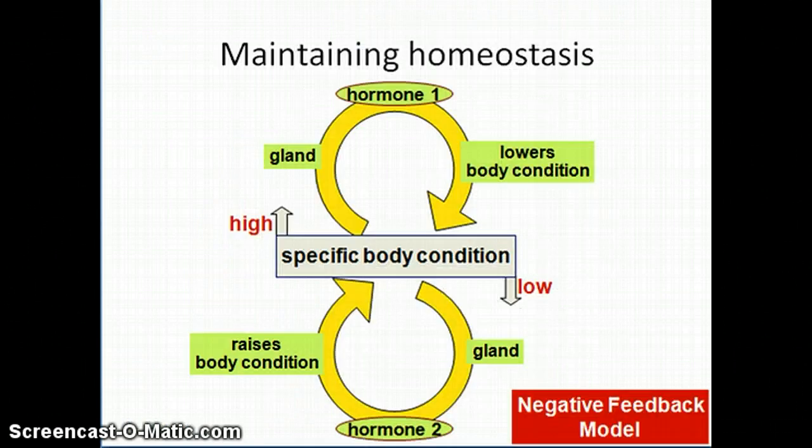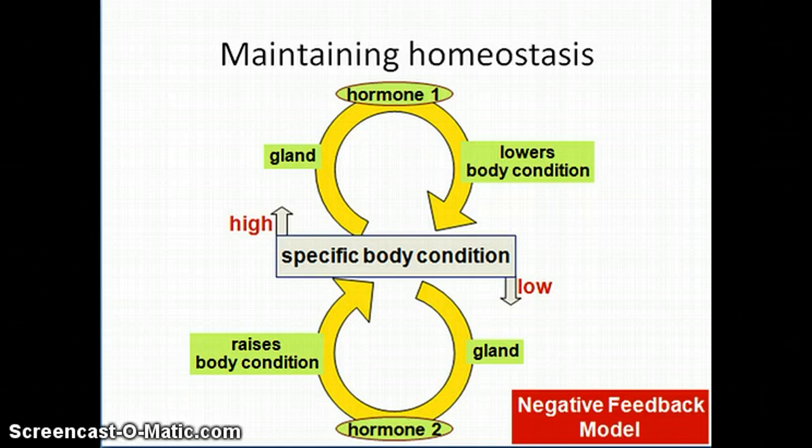Now we've been talking about one of the main functions of hormones, which is to maintain homeostasis. So we can't really address that without thinking in terms of a feedback model. And so most hormones are going to work with a negative feedback model.